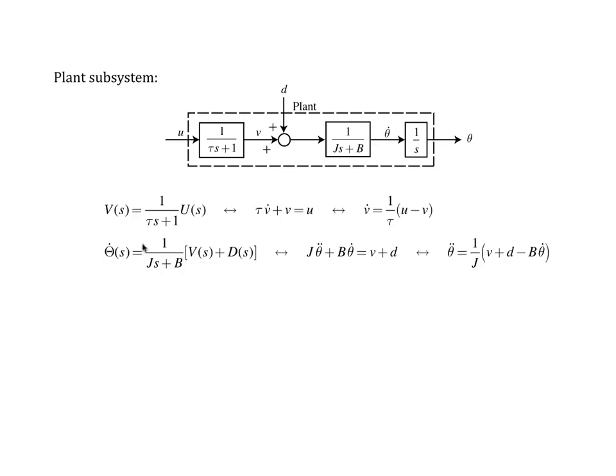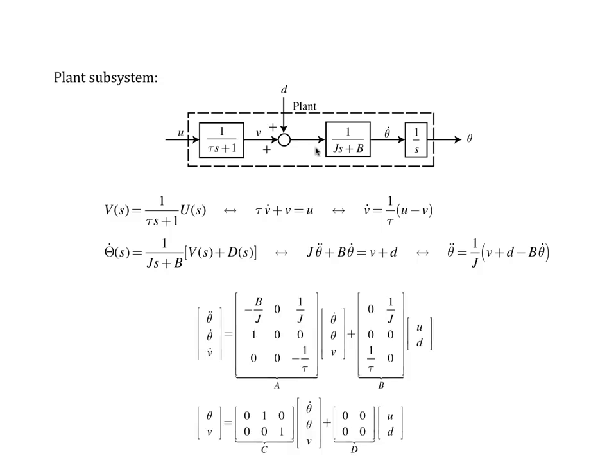Converting from the Laplace domain back to the time domain, we get j theta double dot plus b theta dot is equal to v plus d. Or equivalently, solving for theta double dot on the left-hand side, we get this second order differential equation. So those are the differential equations that make up my plant subsystem.